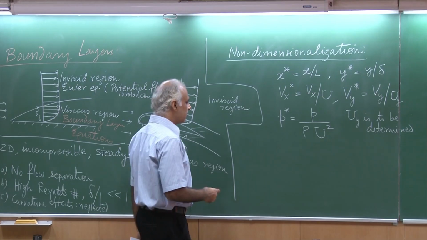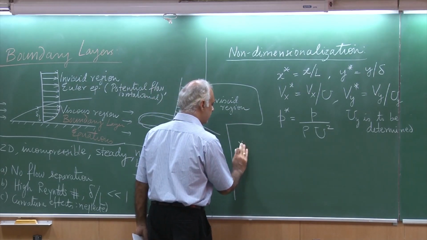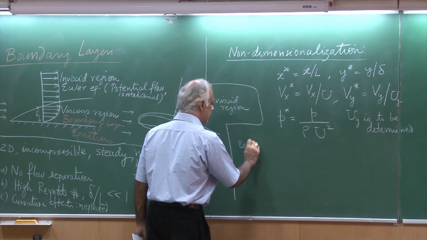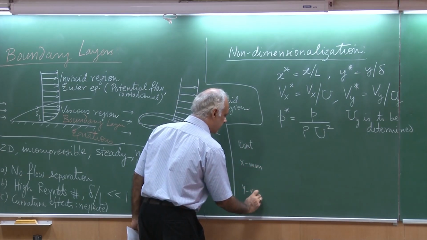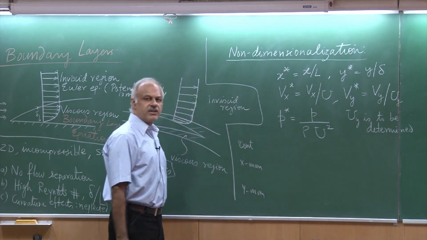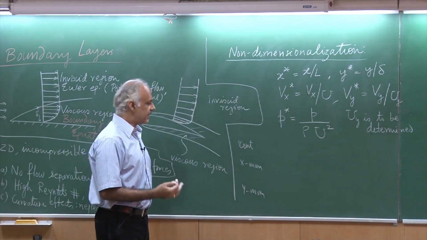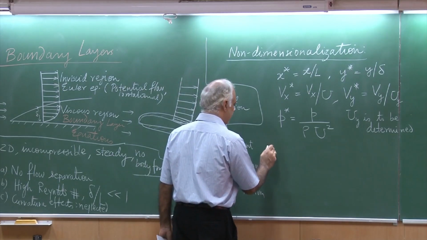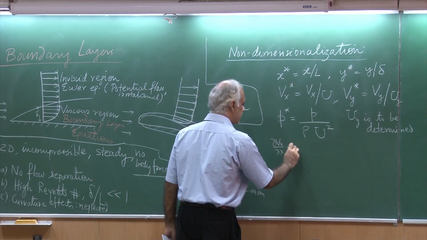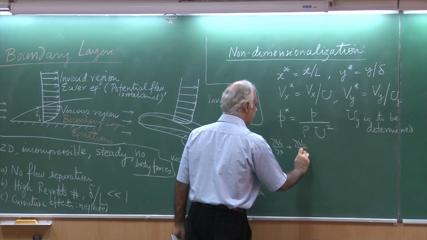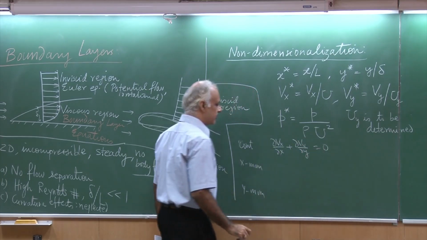Okay, so let's write down the three equations. So first the continuity equation, then the x momentum equation, and then the y momentum equation. And we will first write the dimensional forms and then the non-dimensional form. So continuity equation: del Vx by del x plus del Vy by del y is 0.